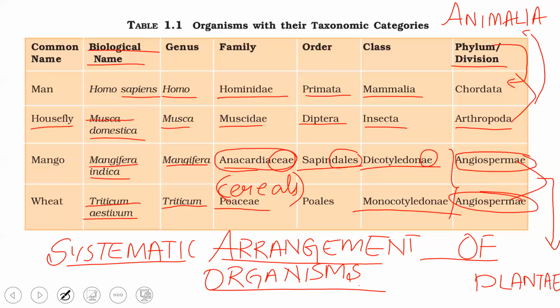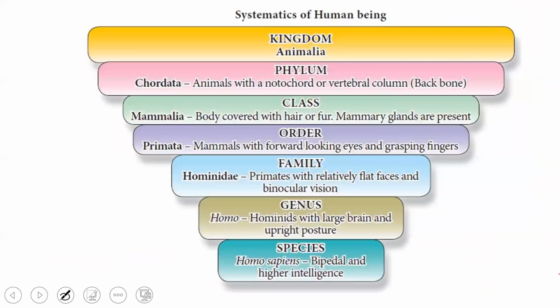So likewise, we have to arrange them according to the ascending order. So let us look into the systematic arrangement according to ascending order now. Starting from species, the typical example taken is human. This is a systematic arrangement of human being.